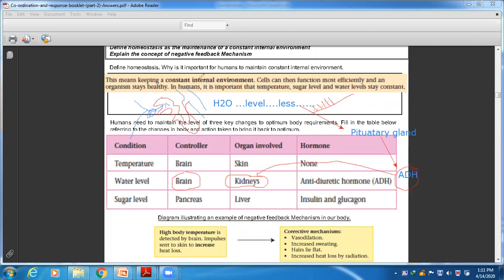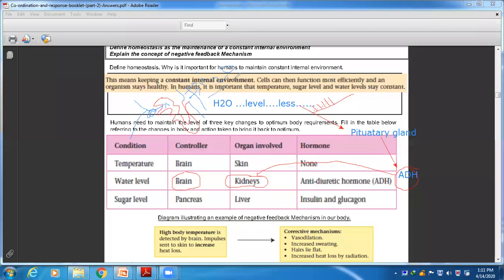So when ADH is produced, what will happen? This ADH will increase the permeability of the nephron, and from this collecting duct, more and more water will be reabsorbed back toward your blood, back toward your body.